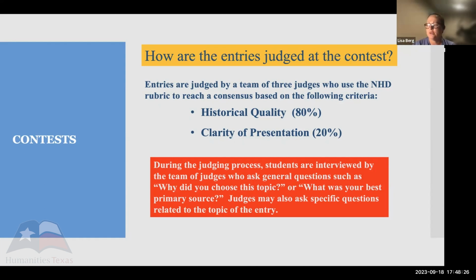Because some students will walk into the contest and they'll see these really shiny, bright exhibits, and they start worrying. But then they realize that, wait a second, I did a lot more extensive research and my project looks really great. So the judges are aware of the historical quality counting for more. So it doesn't have to be really flashy or anything like that.